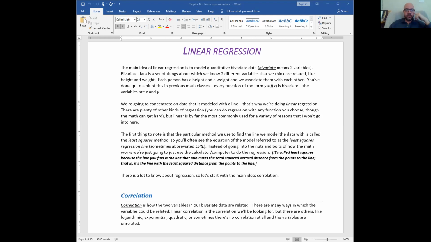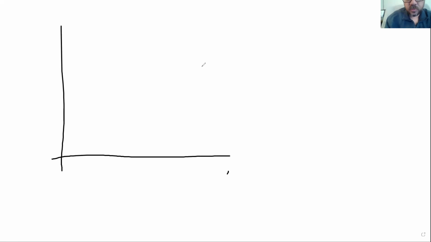So for instance, let me whip up a whiteboard here. All right, so let's say I've got some data here, right? So here's my X and Y axes, and I might have some data values that look like this, right?